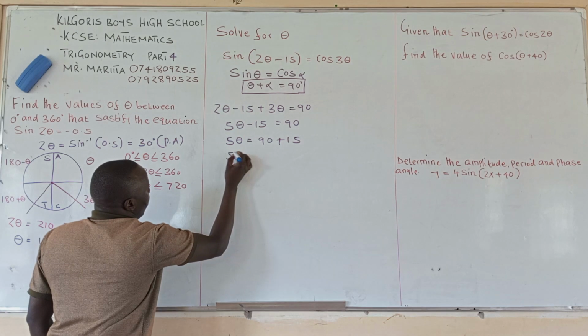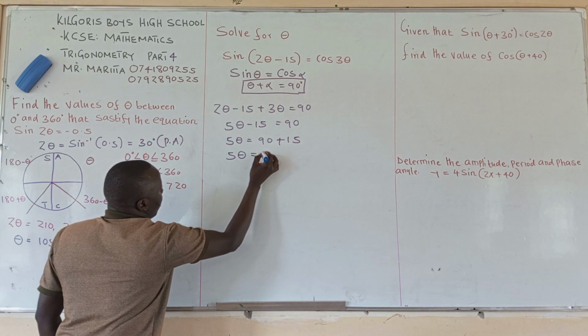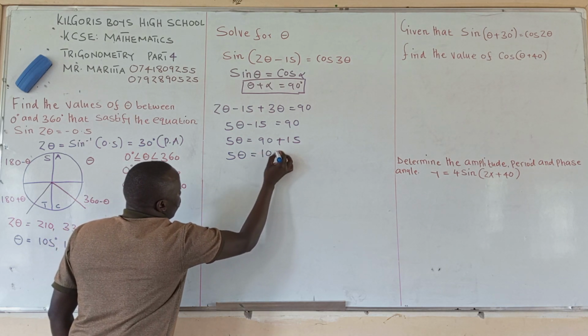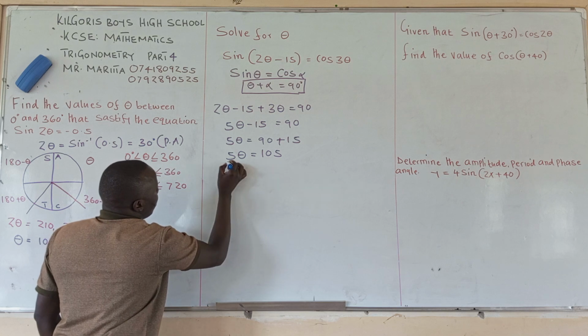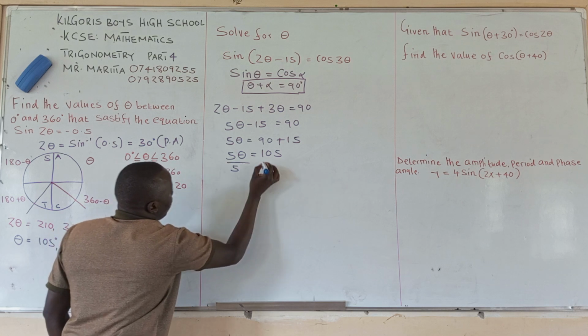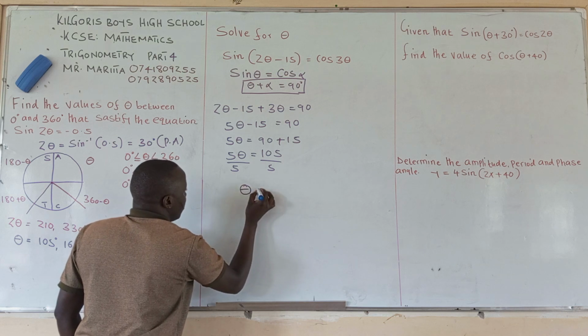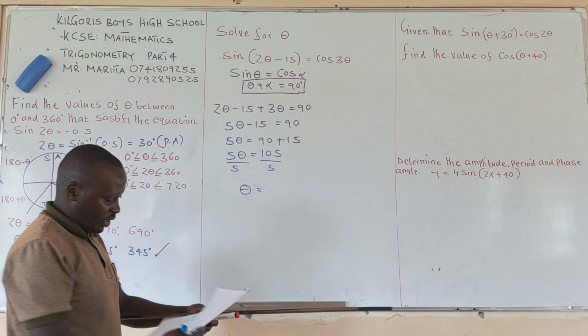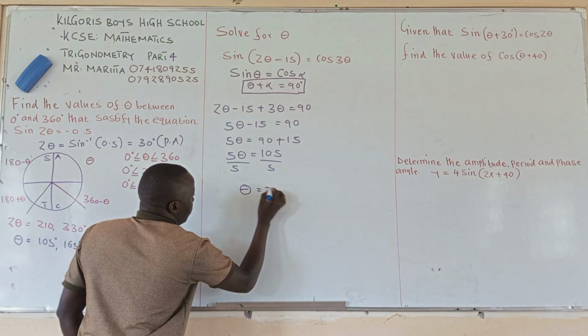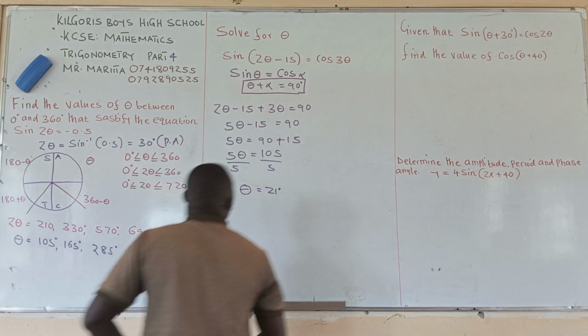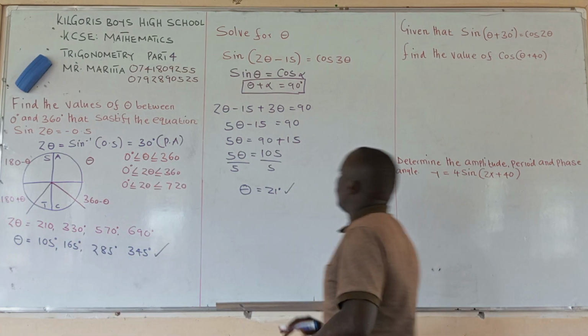So we have this is our 5 theta, which will be equivalent to 105. To get theta, you divide here by 5, you divide this one by 5, and our theta is equivalent to 21 degrees. This is the solution for that.